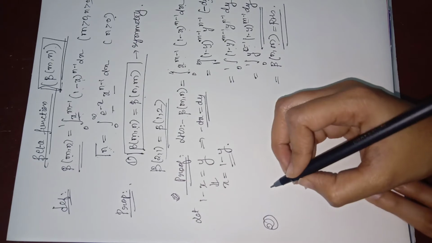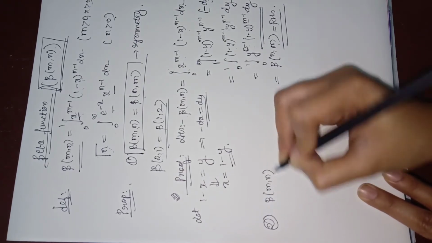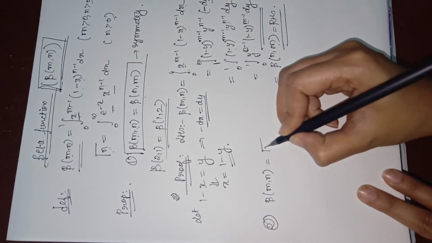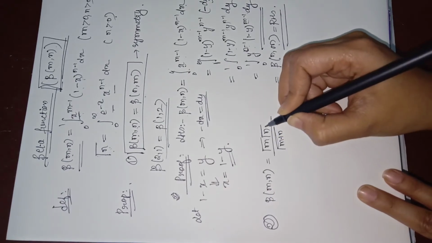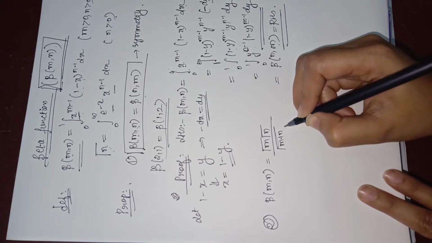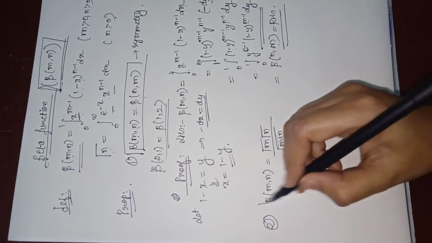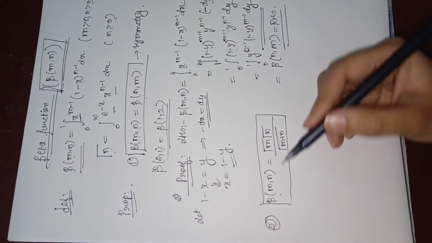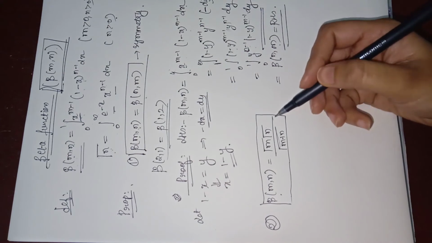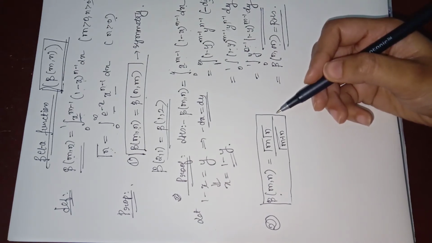Okay, let's do the next property, which is a very important property, and it is the relation between beta and gamma function. Beta mn is nothing but gamma m into gamma n divided by gamma m plus n. So there is a very important, crucial relationship between these two functions, and whenever you reach a beta function you can easily solve it in terms of gamma function, because gamma again ends up in a factorial, right?